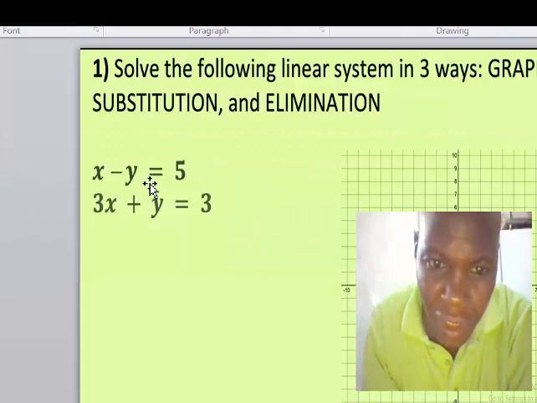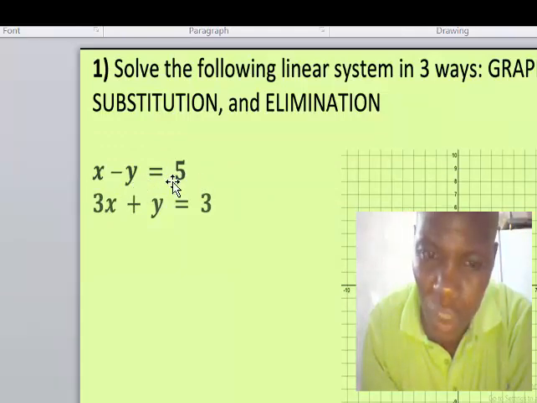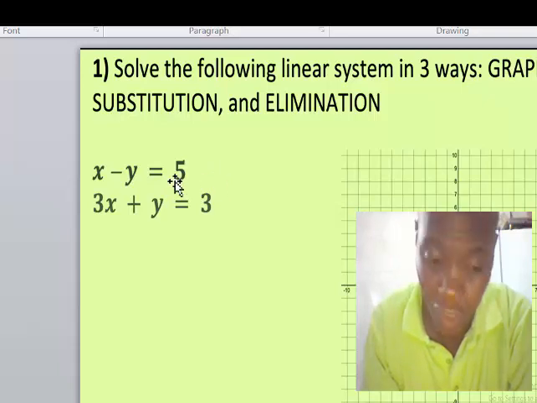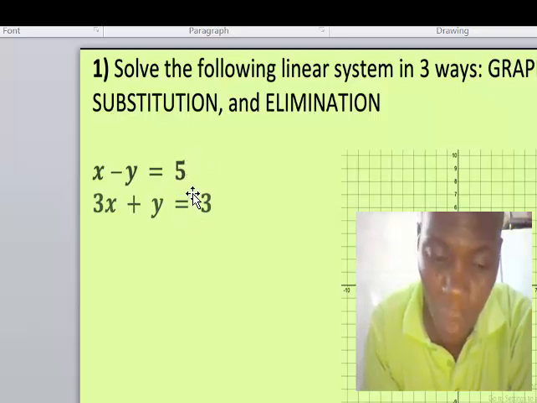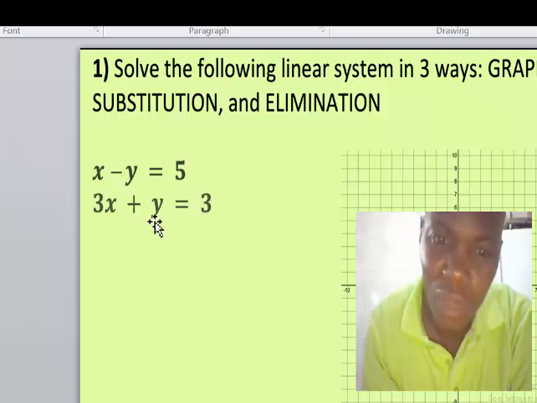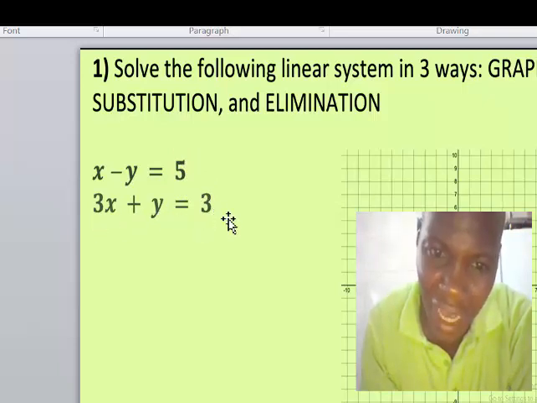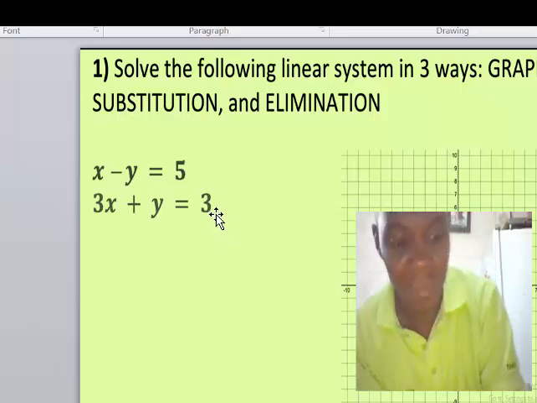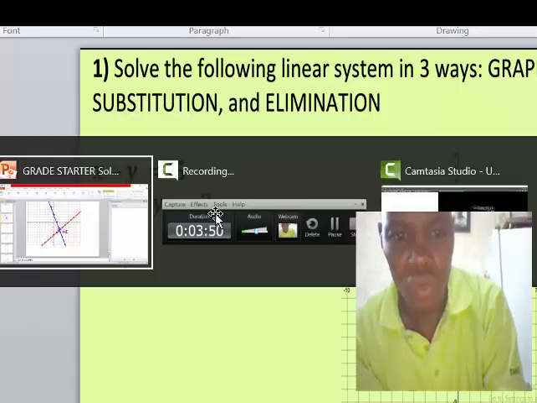For the first equation, you will clearly see that you have negative 5 as the y-intercept. And for the second one, you have positive 3 as your y-intercept.